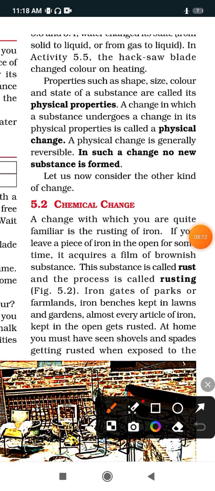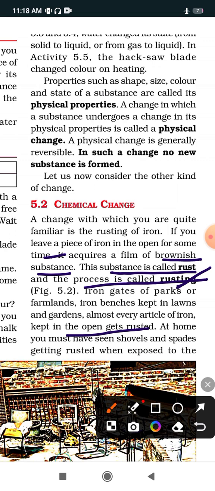See what is given in your NCERT book. If you leave a piece of iron in the open for some time, then what will we see? A brownish substance forms. This substance is called rust, and the process is known as rusting. Clear. Iron gates of parks and farmland, iron benches kept in lawns or gardens, almost every article of iron kept in the open gets rusted.